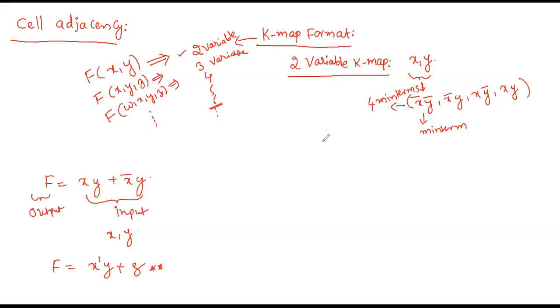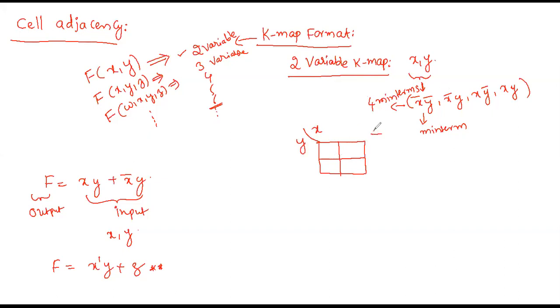So the K-map has four square cells, and here at the corner we will write the inputs or the variables. We are having the variables x, y. At one side we will write x, at the other side we will write y.